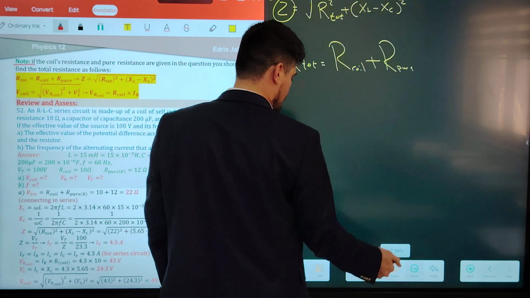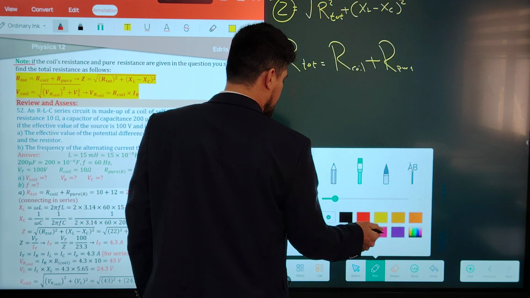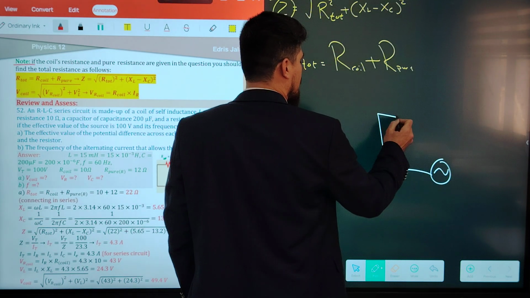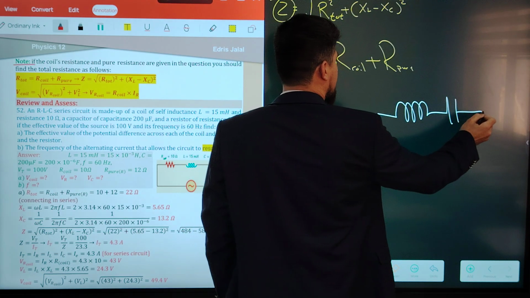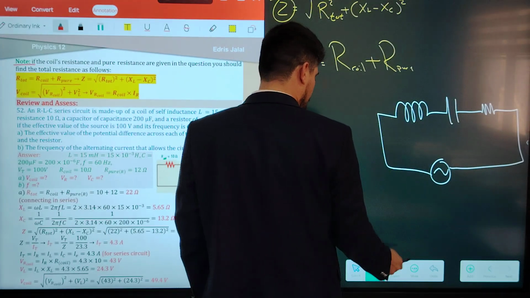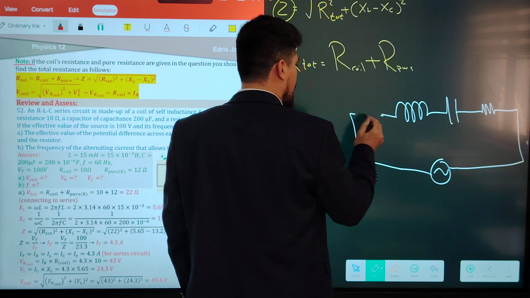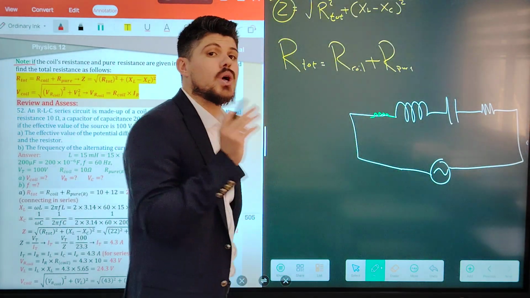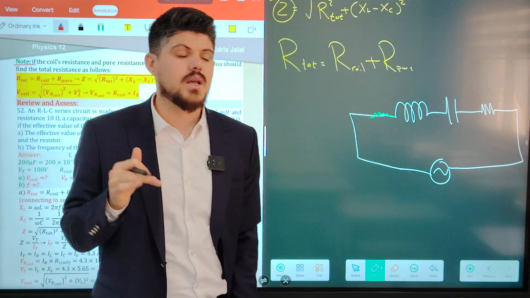Look, guys, if you have a circuit made up of inductance, we have an AC source, inductance, capacitance, resistance. But the coil has resistance. The coil is not pure. What do I mean by not pure coil? It means that the coil has resistance and XL.